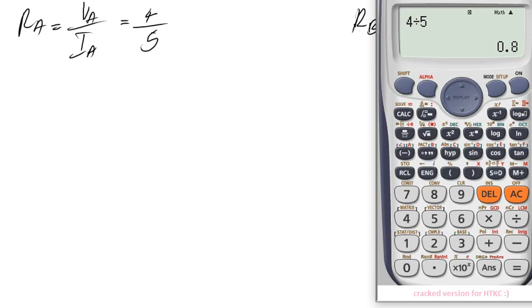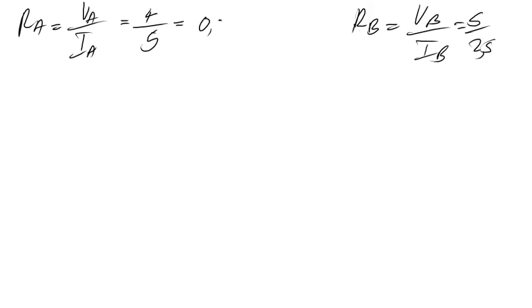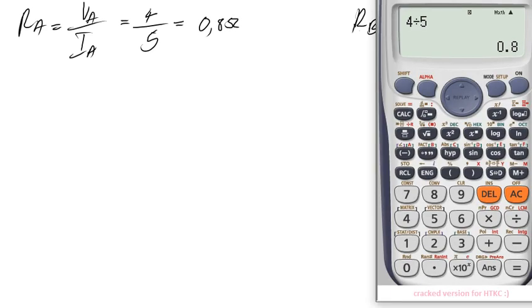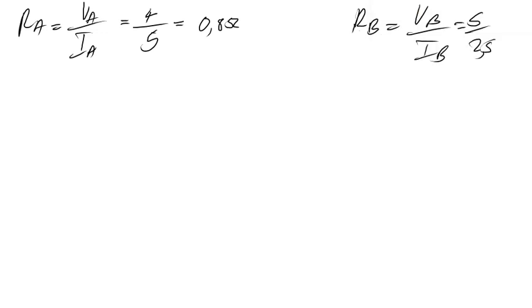I'm just comparing the resistors. Then the other one, 5 over 2.5, RB is 2. So the resistance RB is greater. So this answers our first question.